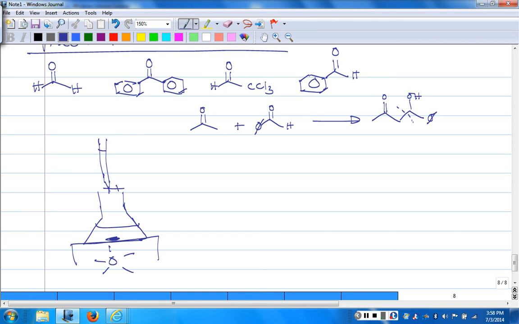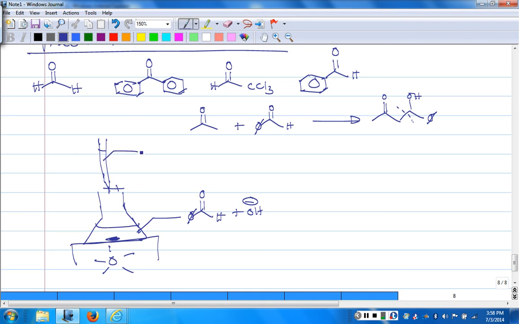So here's what I'm going to do. I am going to put the non-enolizable carbonyl compound, the benzaldehyde, in the reaction flask together with hydroxide. Because I know the compound does not have an acidic H, hydroxide is not going to mess with it.